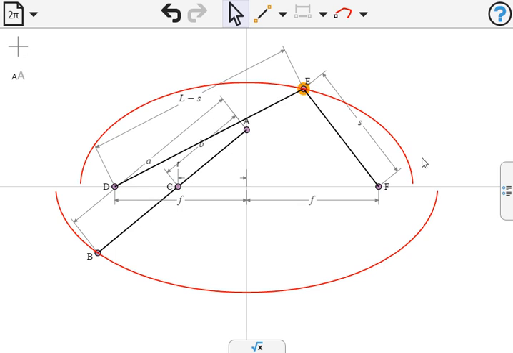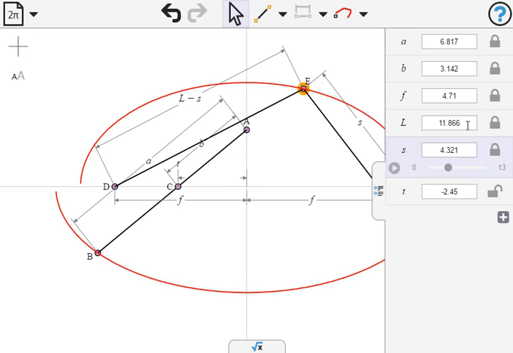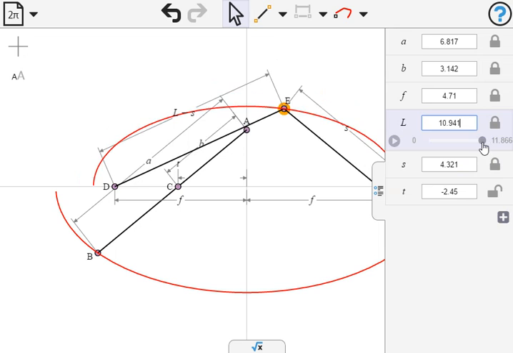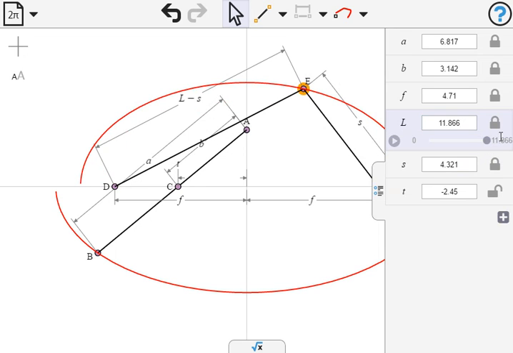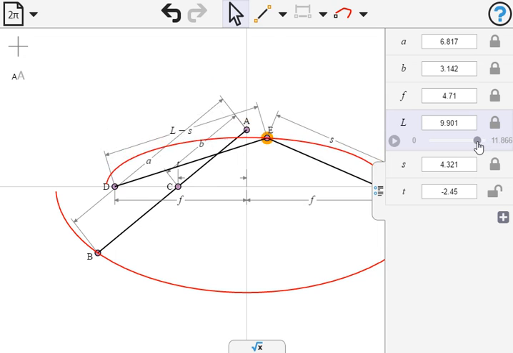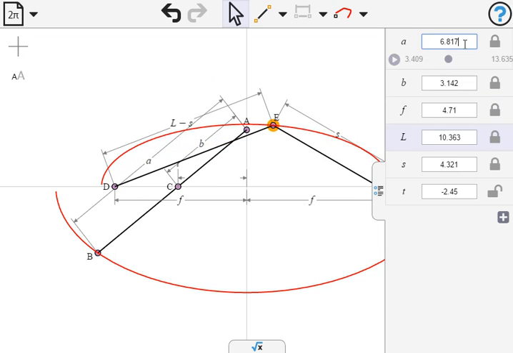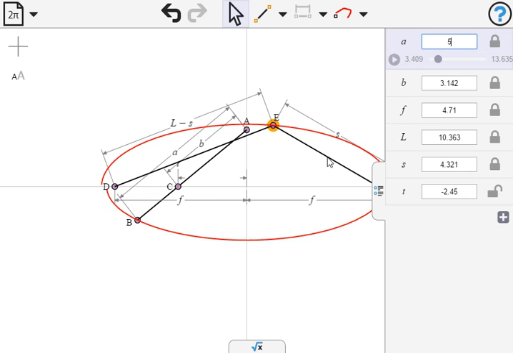So now I can see I've got another curve, but it's not the same. Now, the first thing I'd like to do is, what length of L could I use? If I vary L, I can see I can get the thing to be longer. Let's just change A here. That's the length of my trammel. Let's make that 5 for the moment. So I've got a smaller trammel.